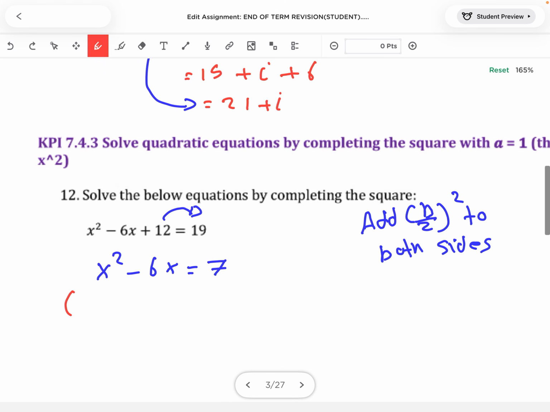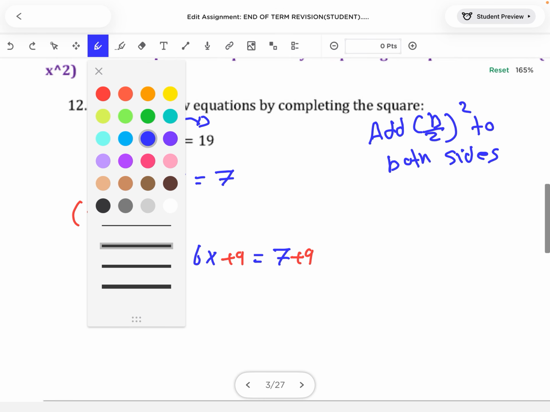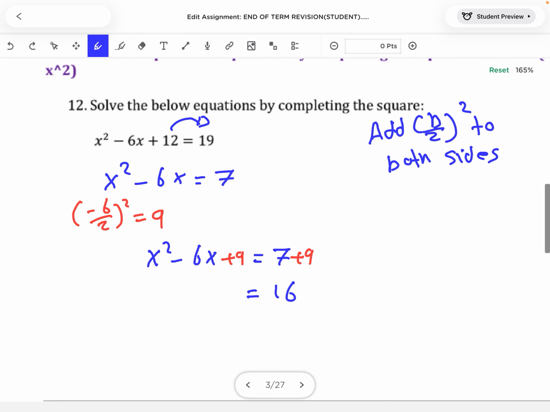So I have to add negative 6 over 2 squared, which is 9. This 9 should be added into both sides of the equation. So x squared minus 6x, and I have to add 9, equals 16.